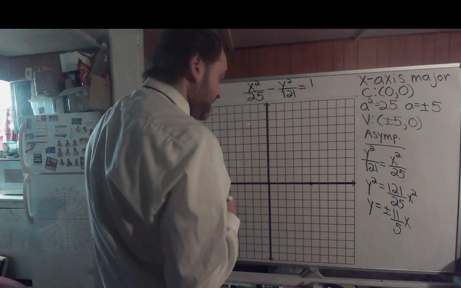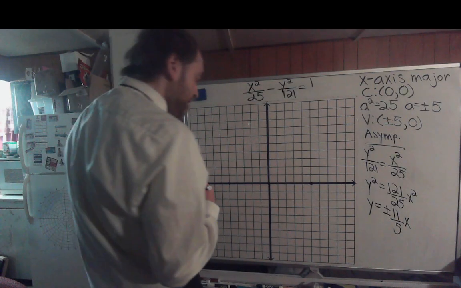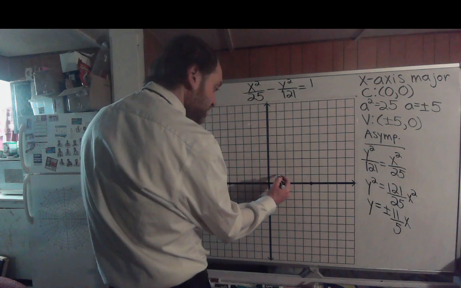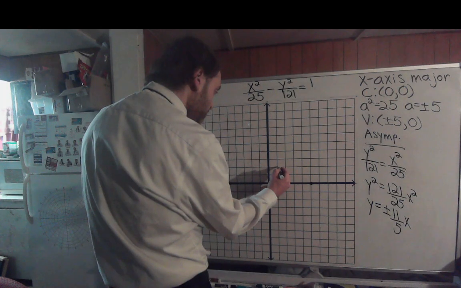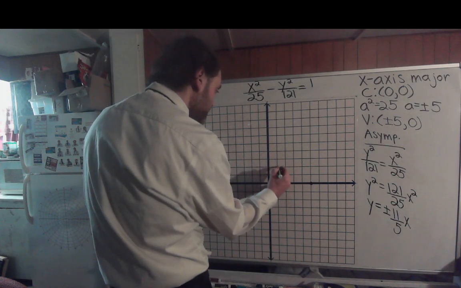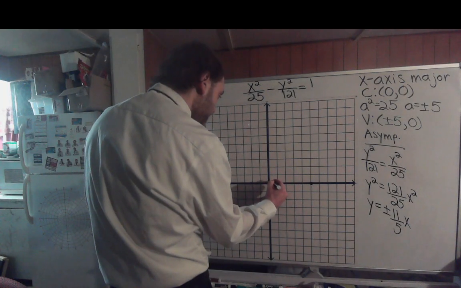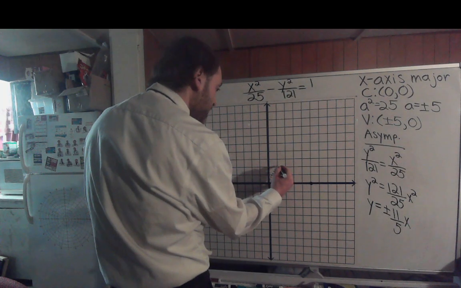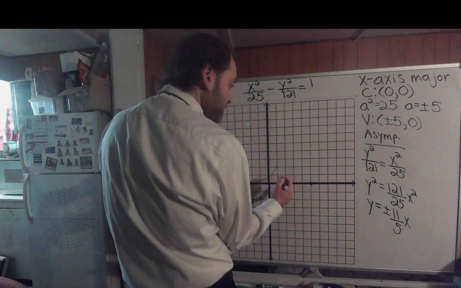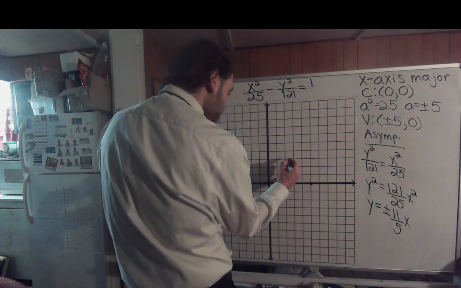So let's see. At 0, it's 0. At 1, it's 11/5, so that would be 2 1/5 for your asymptote. We'll make a little dash right there. In fact, let's go up. At 2, it's going to be 22/5, so that would be 4 2/5.